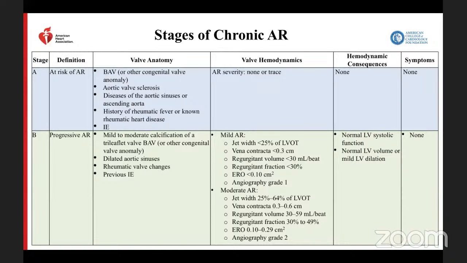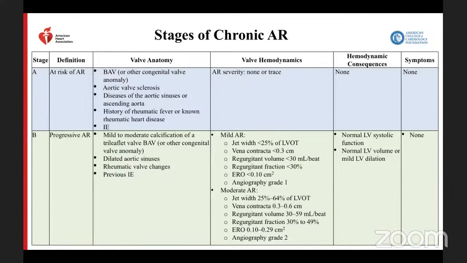In a patient with stage B, the valve anatomy is similar, but with dilated aortic sinuses, rheumatic valve changes, or previous infective endocarditis. Regarding the bicuspid aortic valve, there will be mild to moderate calcification of a trileaflet valve or bicuspid aortic valve.